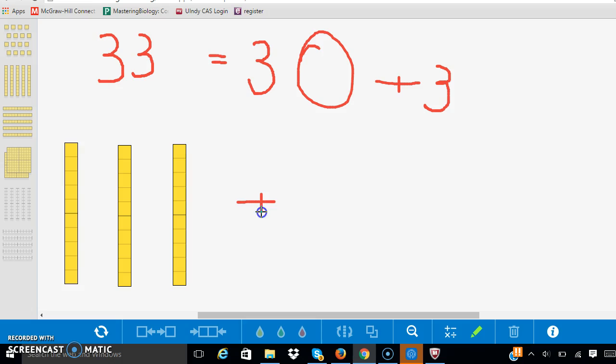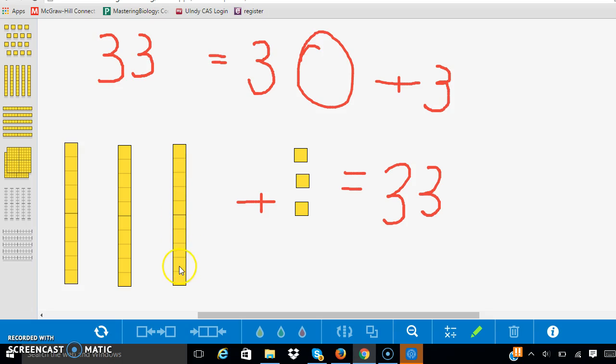And then we can add our 3 unit pieces. We say that that is equal to 33. And if you're still unsure what these rods are, the base 10 pieces that are 10 units long, you can always go back and count. It'll be 1, 2, 3, 4, 5, 6, 7, 8, 9, 10 per rod. So if you forget how much a rod is, you can always count the individual squares.